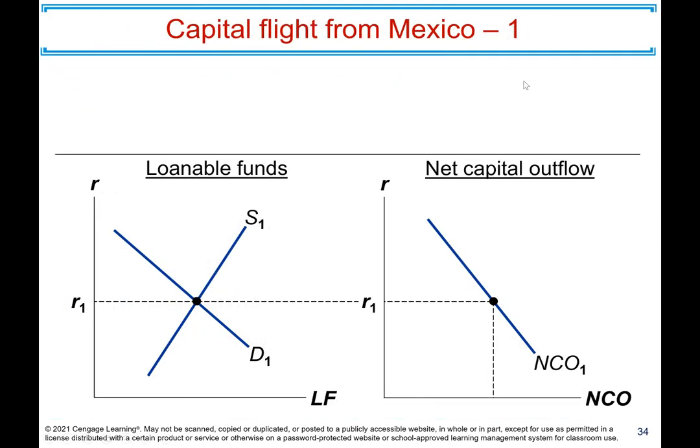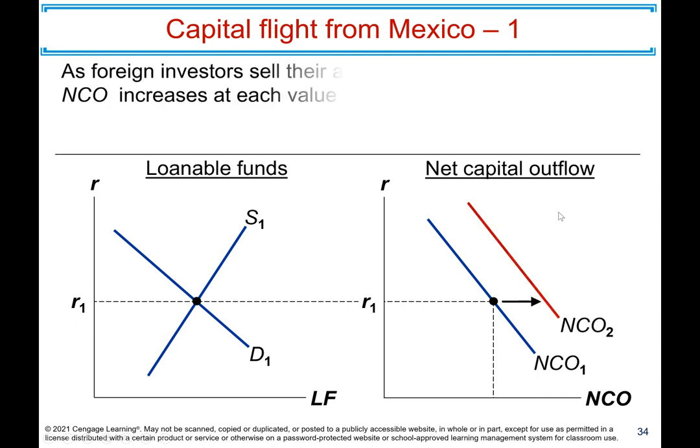Capital flight in Mexico. This is loanable funds in Mexico, and this is net capital flow. As foreign investors sell their assets and pull out their capital, NCO increases at each value of R, that is, NCO shifts to the right.